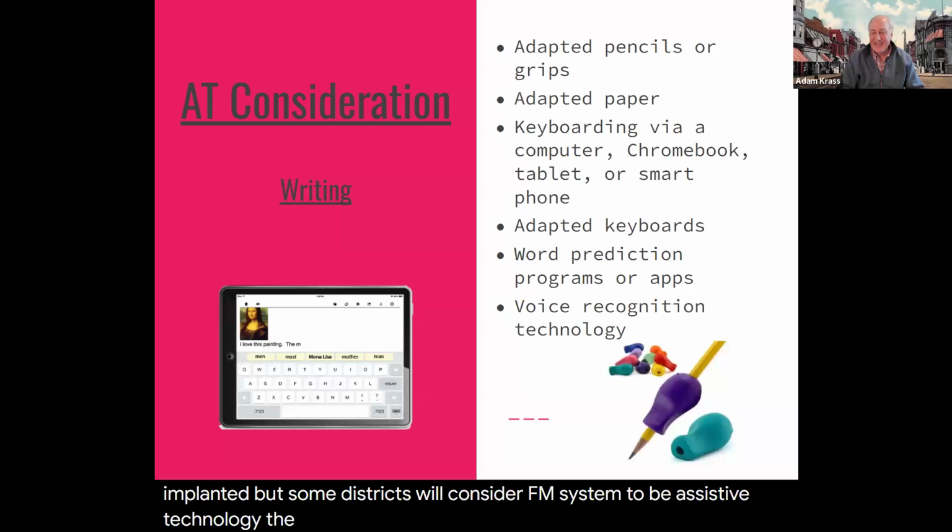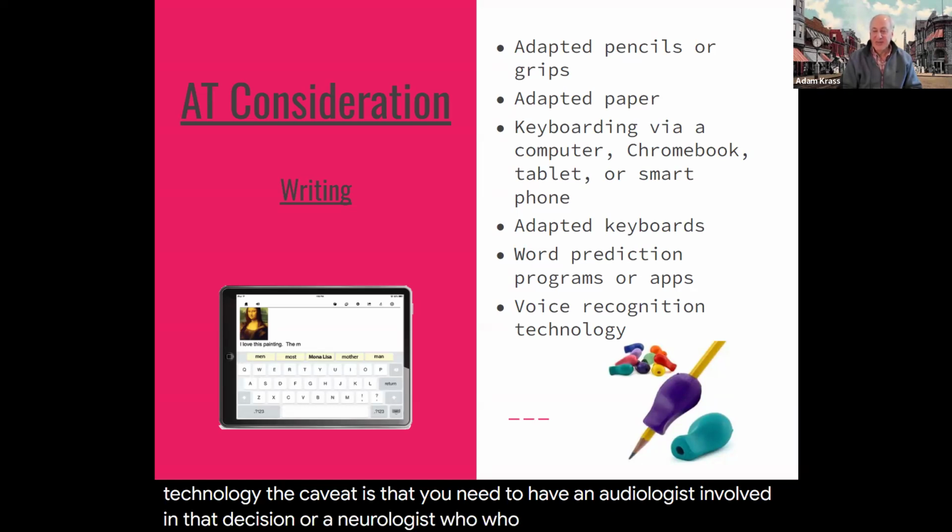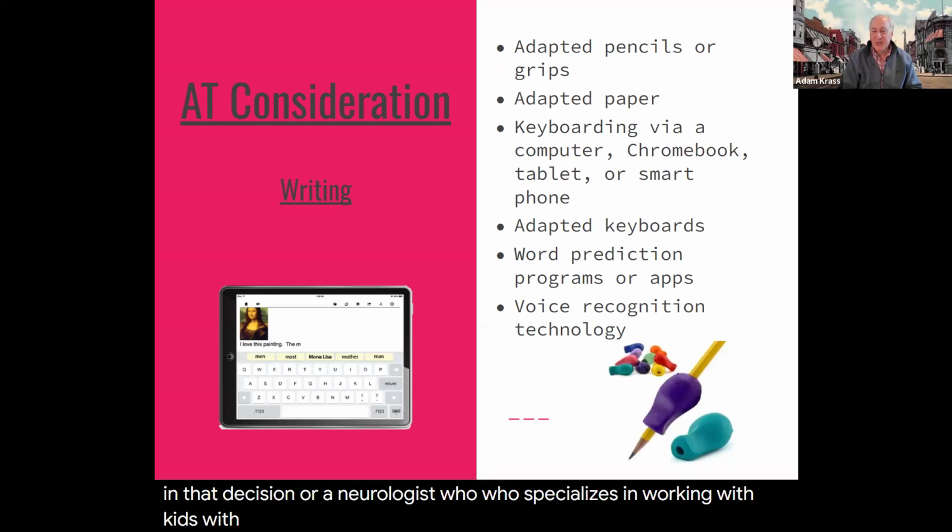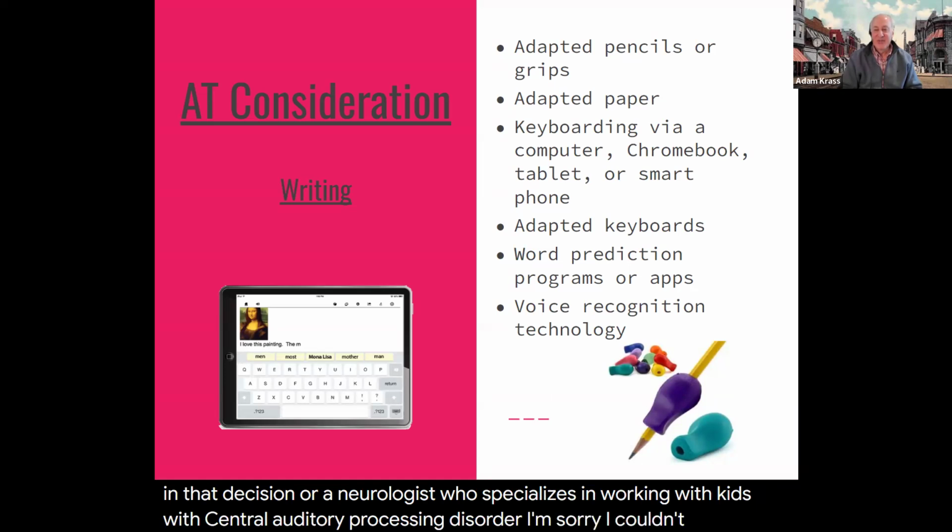The caveat is that you need to have an audiologist involved in that decision, or a neurologist who specializes in working with kids with central auditory processing disorder. I'm sorry I couldn't give you a simple answer.